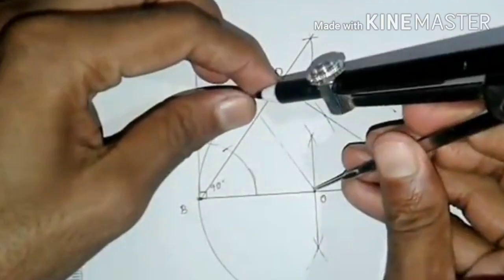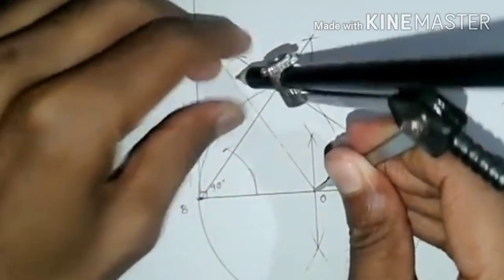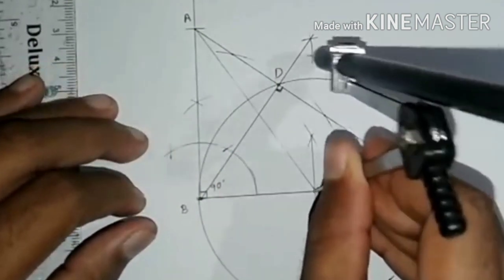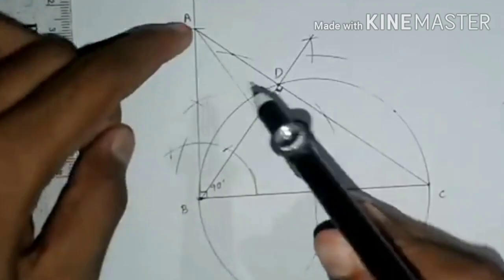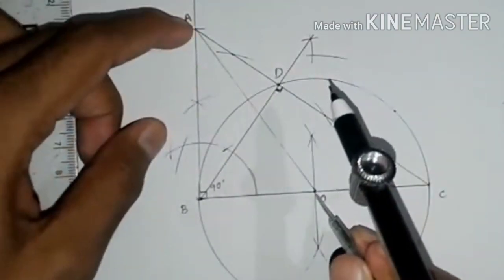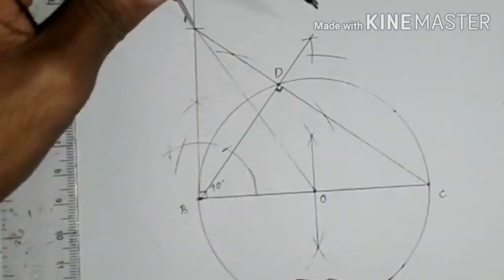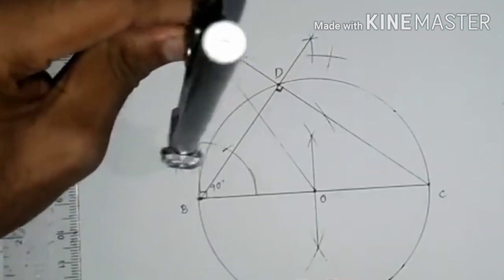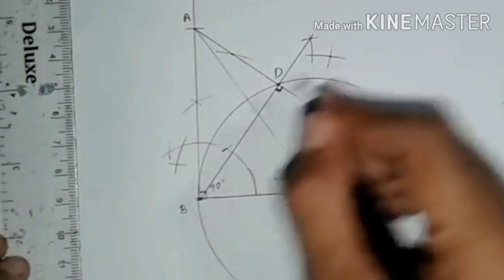For that we have to bisect AO. So take more than half of length of AO, draw two arcs which is on top and bottom of the line AO and using the same radius with A as center, cut those arcs which you have drawn previously and join the point of intersection of those two arcs.